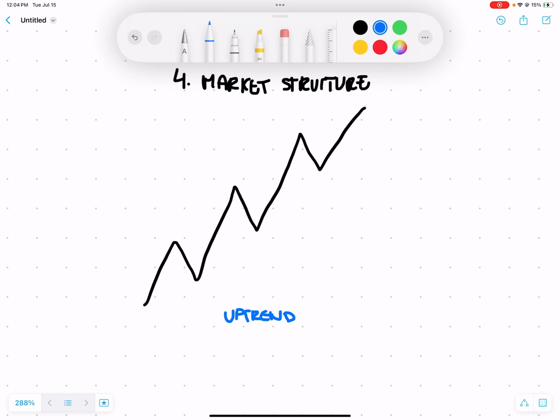Why is this called an uptrend? Well, it's fairly easy to see that the market is going up. Direction is up, right? But how do we define an uptrend? Basically, you're going to see that there are tops and bottoms being created. In this case, each top is going to be called a high, and each bottom is going to be called a low, right? High, low.